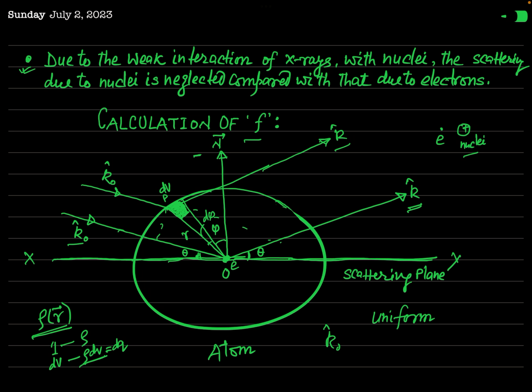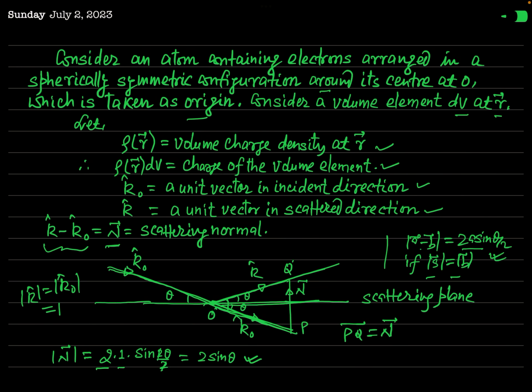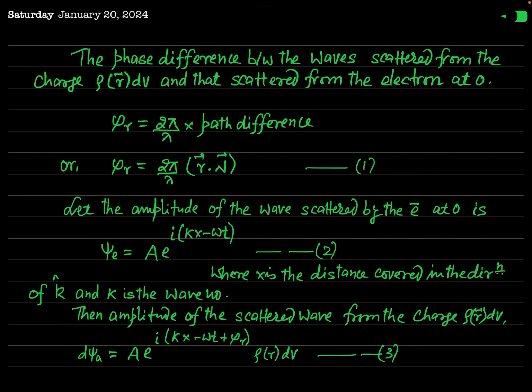But how can we find that path difference? You have already learned this while studying the Lagrange equation. You can remember that, or you can watch my video on the Lagrange equation.